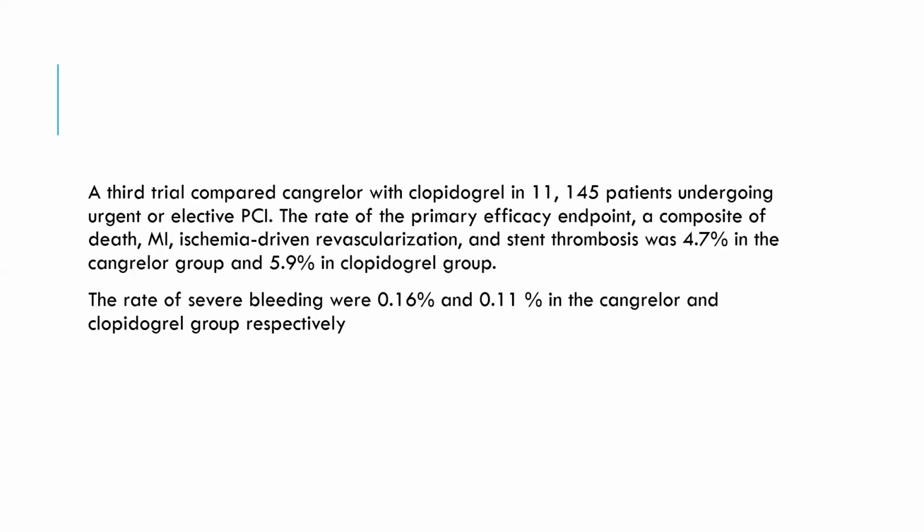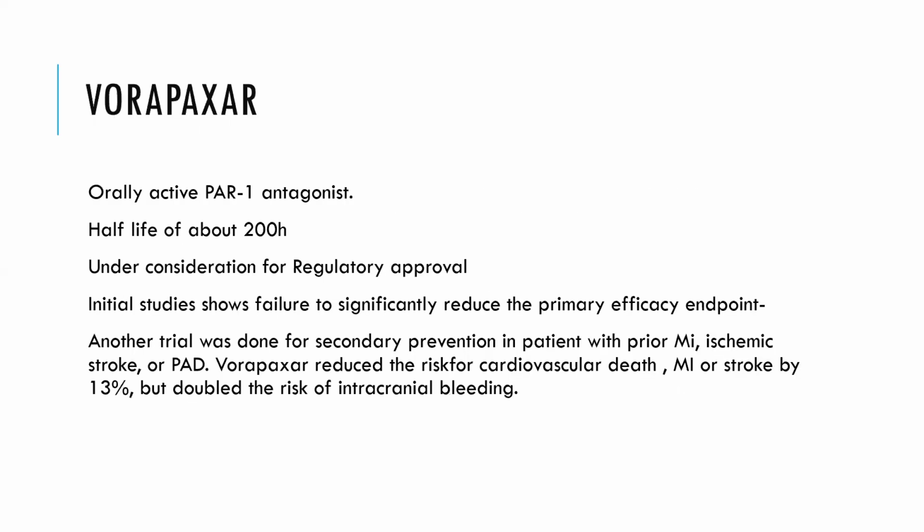Another one is vorapaxar. Vorapaxar is a PAR-1 antagonist, and the half-life is about 200 hours. A lot of trials have been done on it, and it's still being tried. Some of the trials were stopped because of the risk of increased intracranial bleeding.